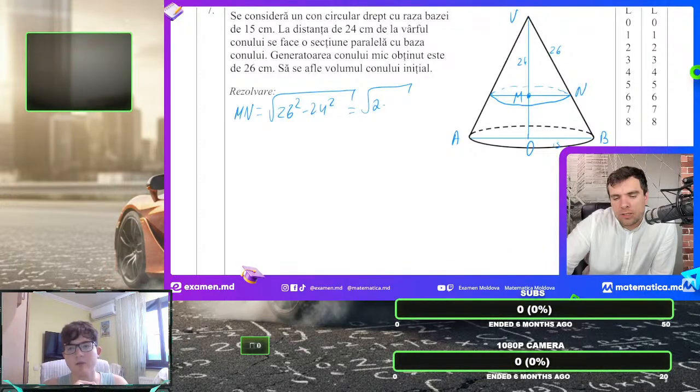We need to find the volume of a cone, which is essentially, I don't know, 1 divided by 3 times the area of base times the height. I don't really remember the formula right there for that.